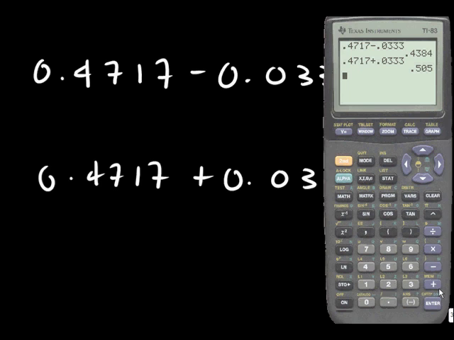So if we approximate these answers to the nearest thousandths, we get 0.438 and 0.505.